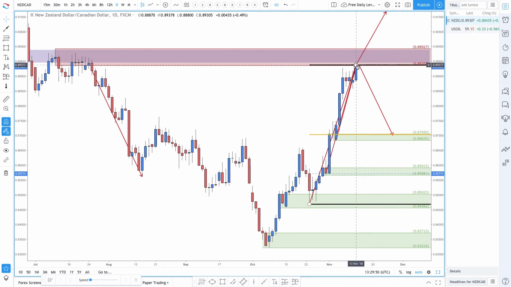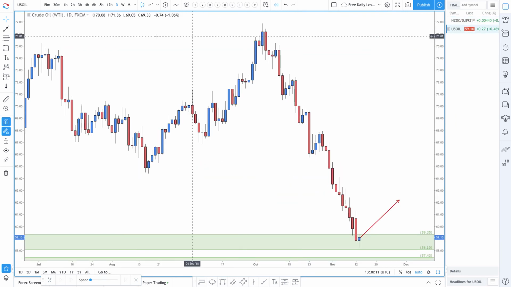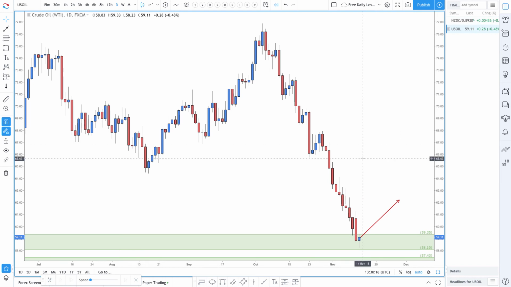Now, one of the things I also do as a Forex trader is look at other correlated markets. If you're looking at just currency pairs, then you are really looking kind of one-dimensionally at trading. Oil, US oil, right? Crude oil is highly correlated to the Canadian dollar.